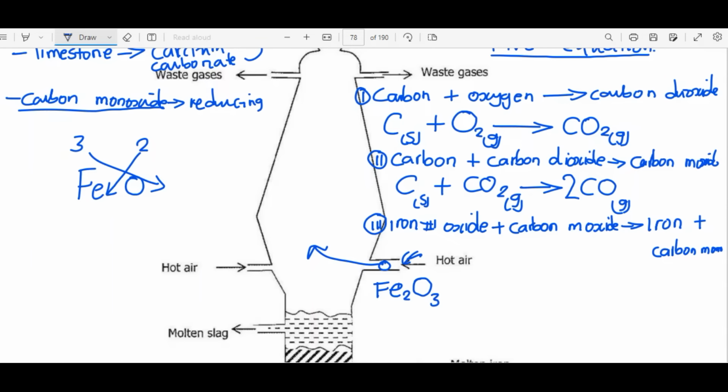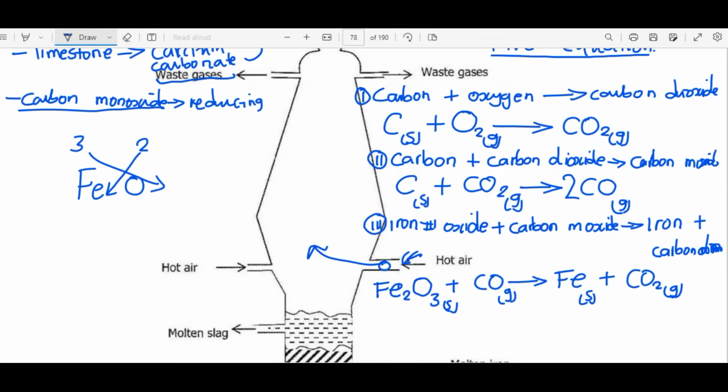So this is the chemical formula for iron 3 oxide plus the carbon monoxide, which is a gas. Then we are saying we are going to have iron, which is a metal, plus the carbon dioxide. So the carbon dioxide is these waste gases that escape the blast furnace.